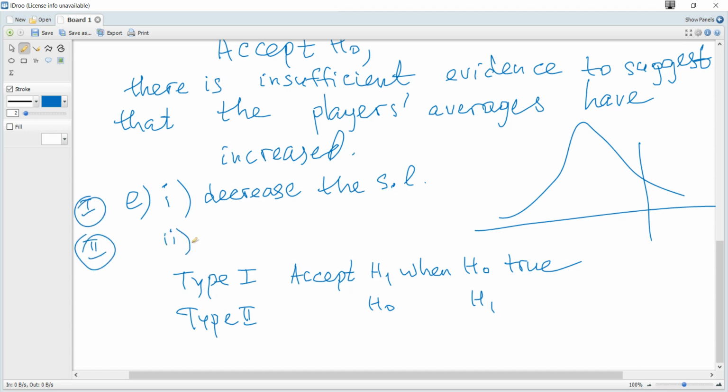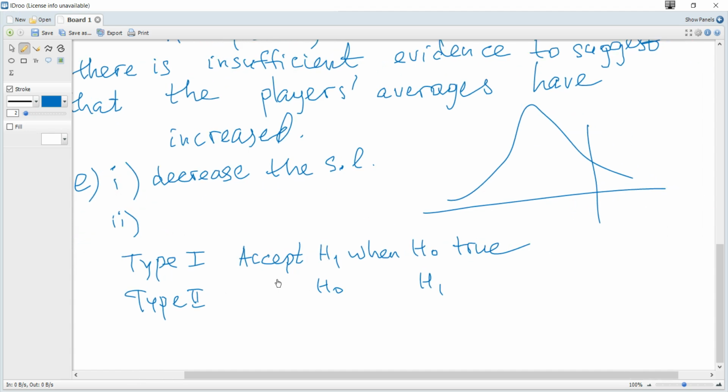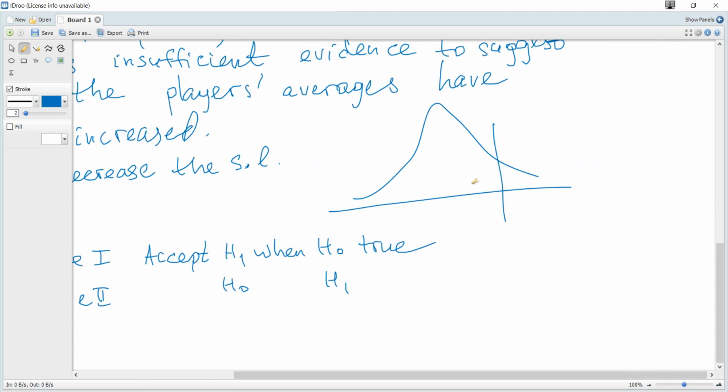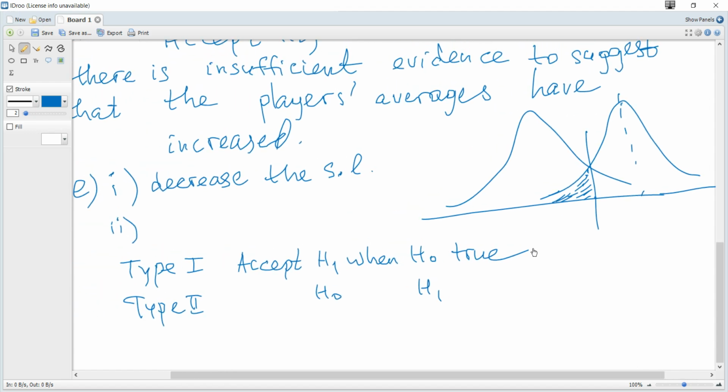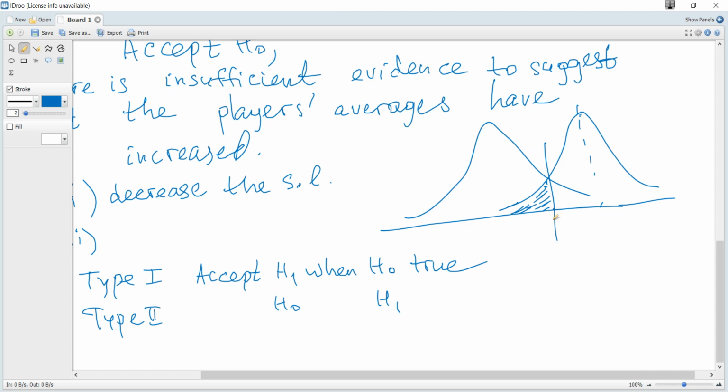And for type 2, since we need to accept H0, it will be the area to the left, but for it there will be a different mean, and hence it becomes this area to the left of this value, but for another mean. You can see that when you decrease the significance level, this value moves to the right and this area decreases, and hence type 1 decreases.